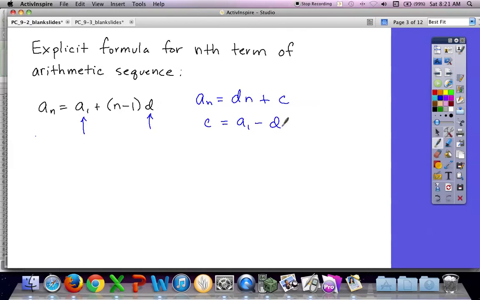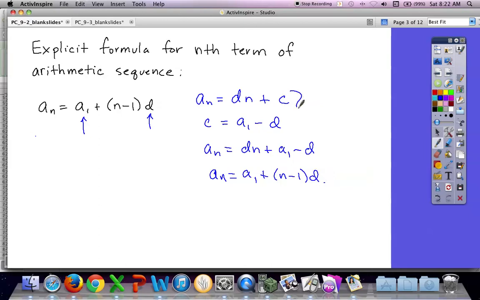And if you do the substitution for c, you would get a_n equals dn plus a1 minus d. And if you solve that, we're going to get our a1 here, and here's dn minus d. Well, that is n minus 1 times d, which is the same formula that we have here.